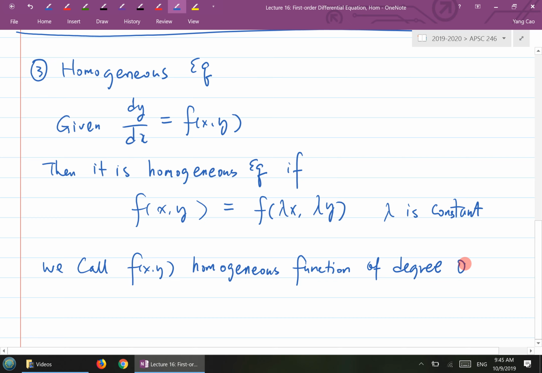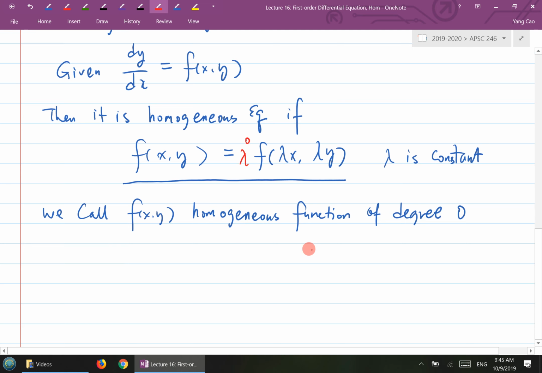Okay, so when you have a function f that can be written as function of lambda x, lambda y, we call this a homogeneous function of degree 0. So basically here you can write a lambda to the power of 0, and here lambda to the power of 0 is 1. Now you probably wonder, okay, so is there a homogeneous function of a degree n? Yes, there are. Okay, I will write it down next, but let's take a look at this relationship here and understand a little bit more what exactly does it mean here.